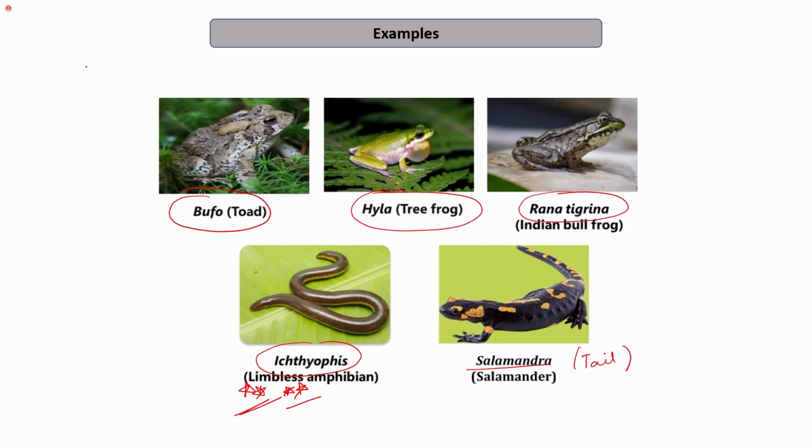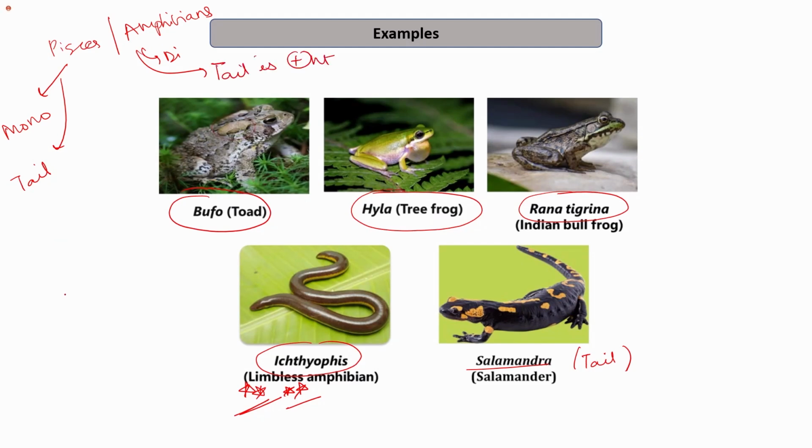So what are the points of differences between the Pisces and the amphibians? Pisces are monocondylic. Amphibians are dicondylic. In body, head, trunk and tail. Mostly the fish are limbless, while amphibians are tetrapods. They have limbs.